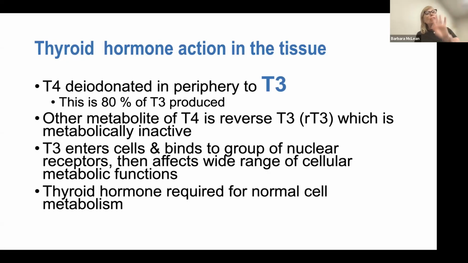Now, on your thyroid hormone, you have four binding sites that bind to iodine. Okay, now that's really important because one of the drugs that we give patients, amiodarone, is actually an iodine-based agent.